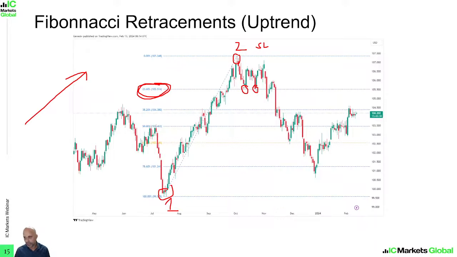So you can see price bounced off the support at 23.6% not once but twice before finally giving way here in early November, right? So this is how we can use the Fibonacci retracement in the example of identifying a potential take profit level for the short side after price has made this significant swing high here, right? So we can see at 23.6%, this level offered support twice before finally giving way.